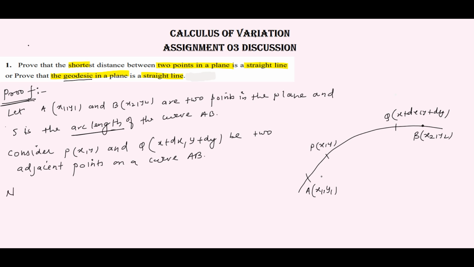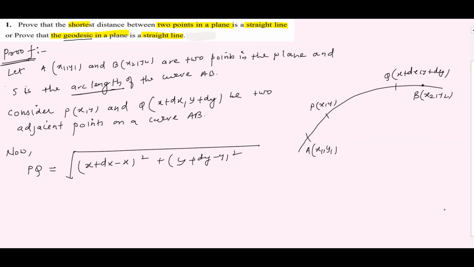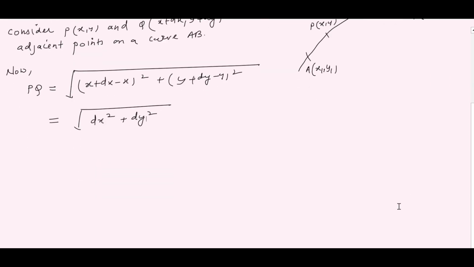So now the distance between the points PQ will be equal to the square root of the coordinates (x plus dx minus x) whole square, plus (y plus dy minus y) whole square. Further simplifying, we get the square root of dx square plus dy square.